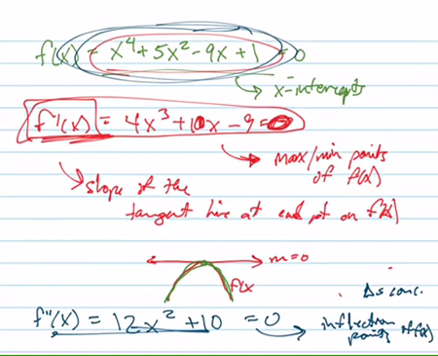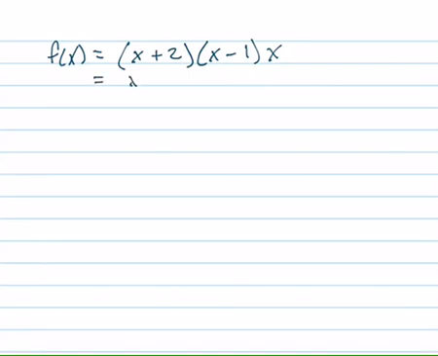So let me just give you a more basic example. If I had f of x equals, I'm just going to come up with the easiest example I can think of, and I'm just going to make it up as I go. That's a cubic, and what are the zeros of that cubic? Let me multiply that out. I get x squared minus x, plus x minus 2 times another x.